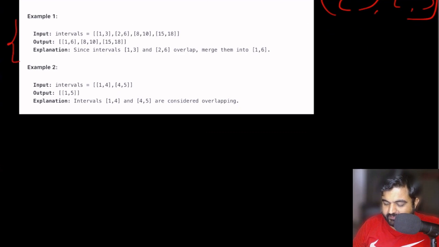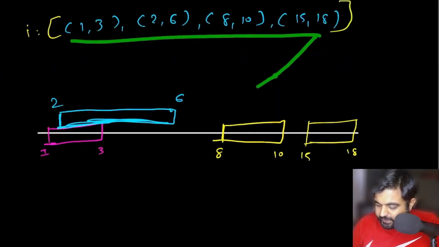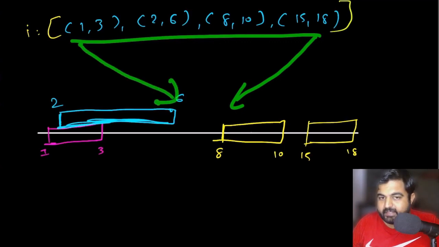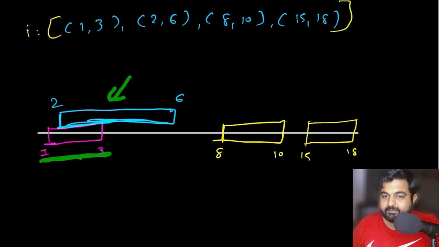If we take a look at this first example, I have plotted all of these 4 intervals in a time sequence, and our aim is to find all the overlapping intervals and merge them. Clearly we can see that there is an overlap between these 2 intervals. The question is, how do we identify that there was an overlap between these 2 intervals? Well, the answer is quite simple. Before the first interval ends, the second interval begins.